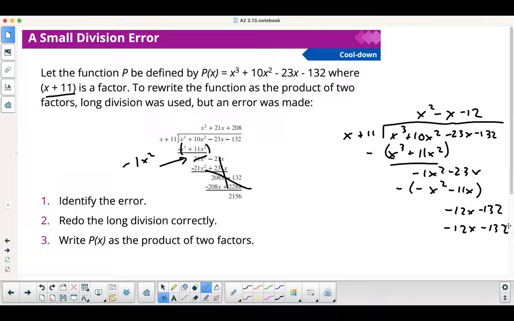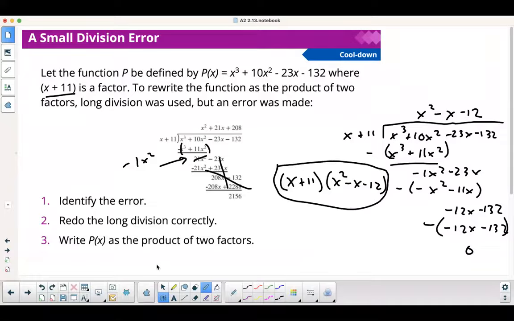Let me double check. 11 times 12. Yep, 132. And then I have to subtract this whole thing. So these cancel because it's plus. These cancel because it's plus. There's my remainder. So it's x plus 11 times x squared minus x minus 12. There's my product of two factors. So that would be 3. It doesn't say linear factors, so I don't have to make a box to get it down to linear factors. Okay.